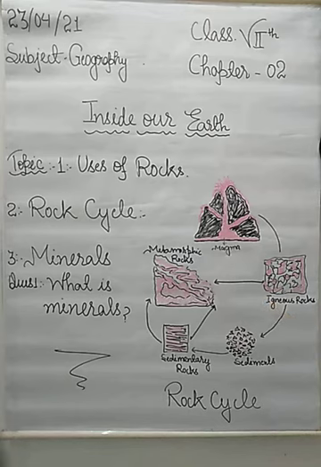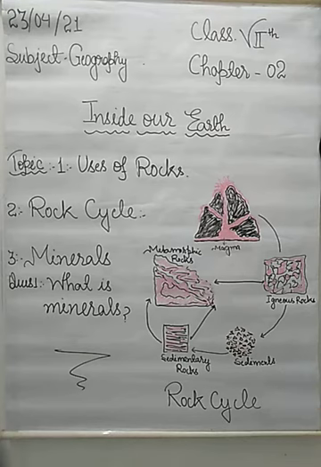So students, as I told you, one type of rock can be changed into another type of rock under different conditions, like heat and too much pressure. Rocks can change their form into different types of rocks in a cyclic manner. And you can see this is a diagram of the rock cycle.